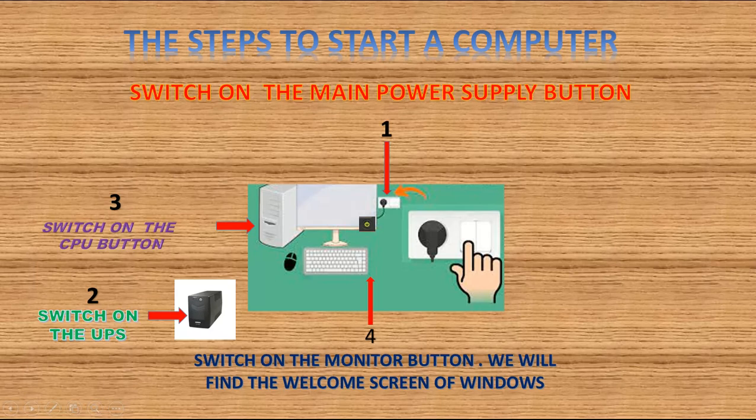There are various versions of Windows. Windows 10 is there, Windows 11 is there, whatever the version, the Windows screen will come. So, the steps to start a computer: number 1, switch on the main power supply. Then switch on the UPS, and from the UPS the current is distributed to the CPU.